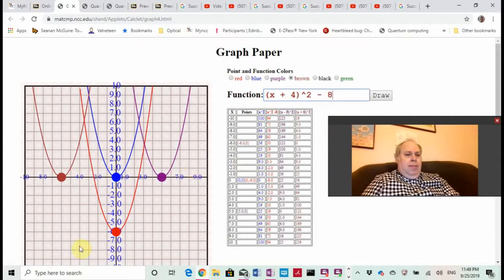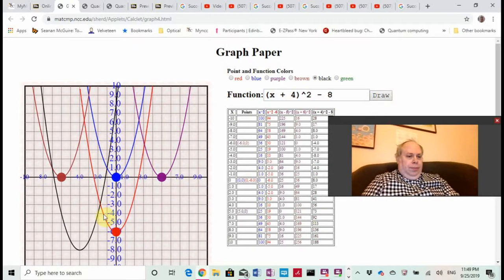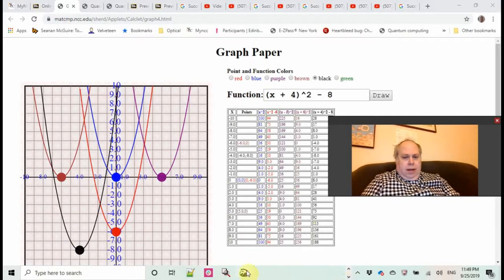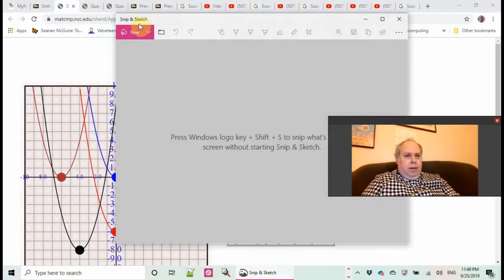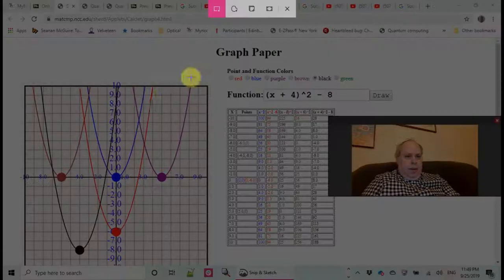So that'll move it down to minus 8. And my new quadratic will live over there. Its turning point is at negative 4, negative 8. So I'm just going to pick this guy up and stick it in our notes, like so.